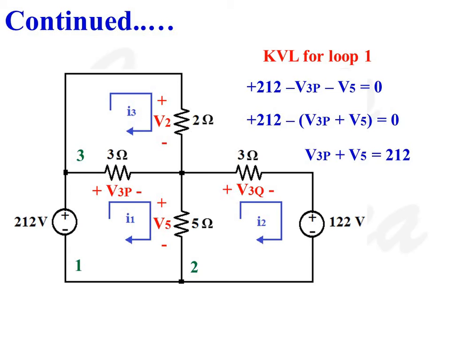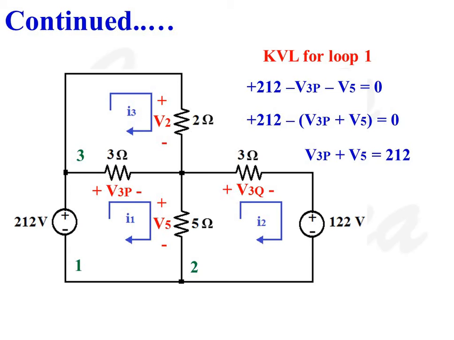Next term in the loop is V5. Moving in the clockwise direction, as we are moving from positive potential to negative potential, V5 also should be taken as negative. So according to KVL, we can write plus 212 minus V3P minus V5 is equal to 0.